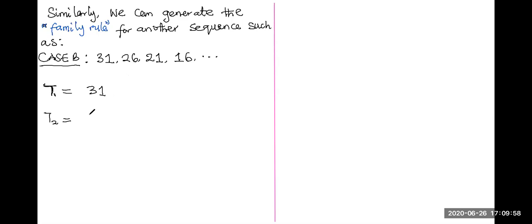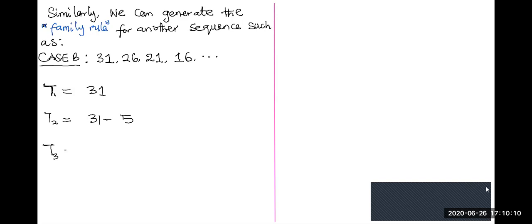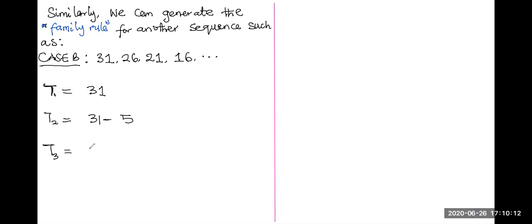So the second number can be written as 31 remove 5. Of course, you have the second number, 26. And the third term, T3, is the same thing as 31 remove 10, which is 5 multiplied by 2, and we have the third term.